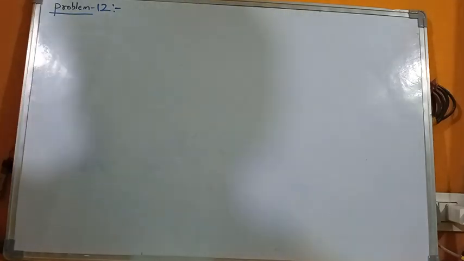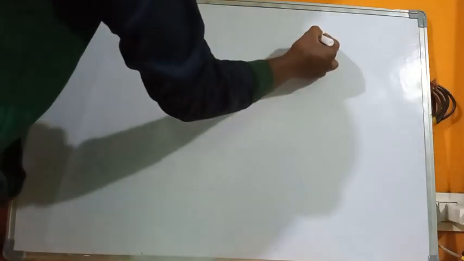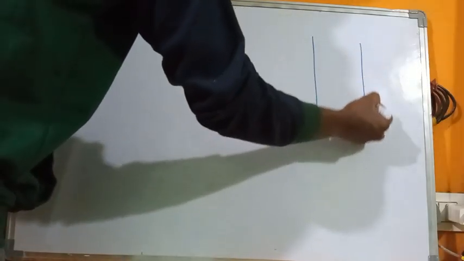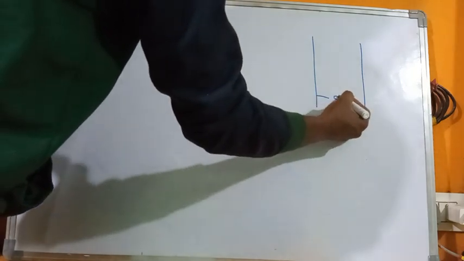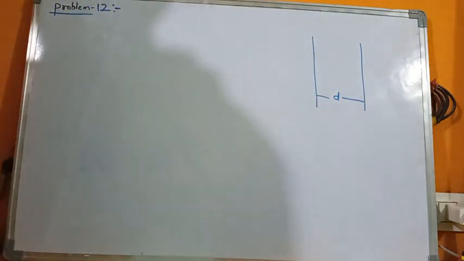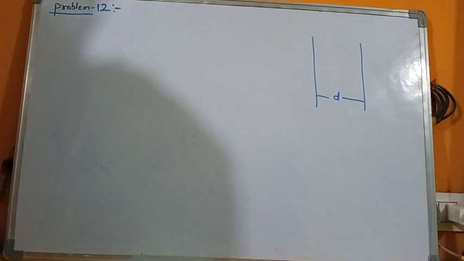Okay, so here we have two parallel lines, one this line and another line, and the distance between these two parallel lines is given by small d. Then two particles travel in opposite directions along these parallel lines.